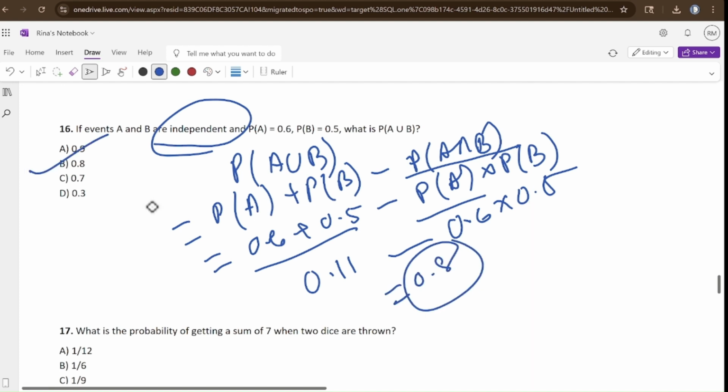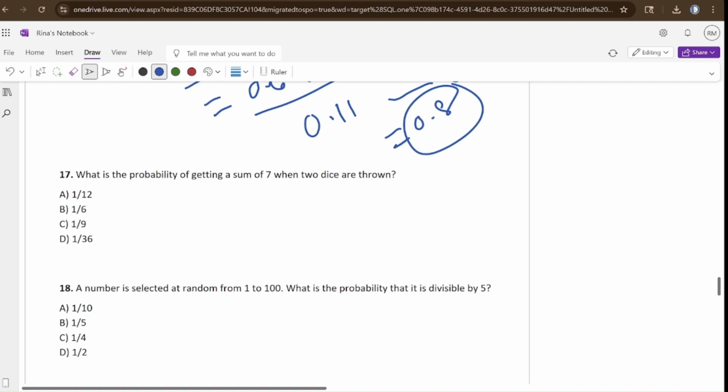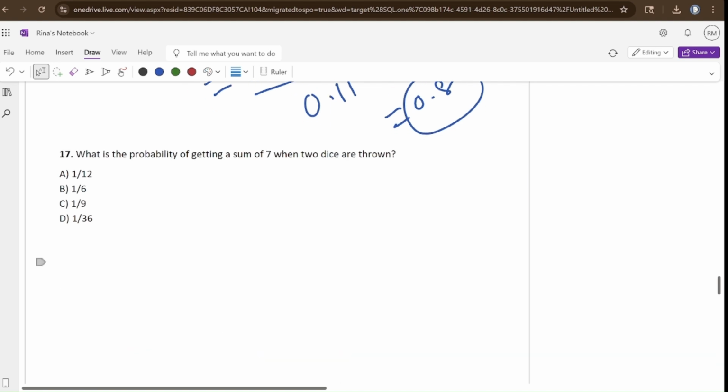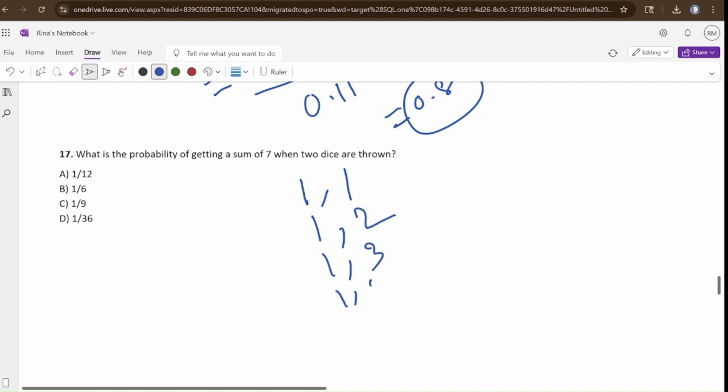Okay, that is fine. Now, what is the probability of getting a sum of 7 when 2 dice are thrown? See, first dice, let's say this is 1. Second dice, also 1. First 1, second dice 2. 1, 3, 1, 4, 1, 5, 1, 6.